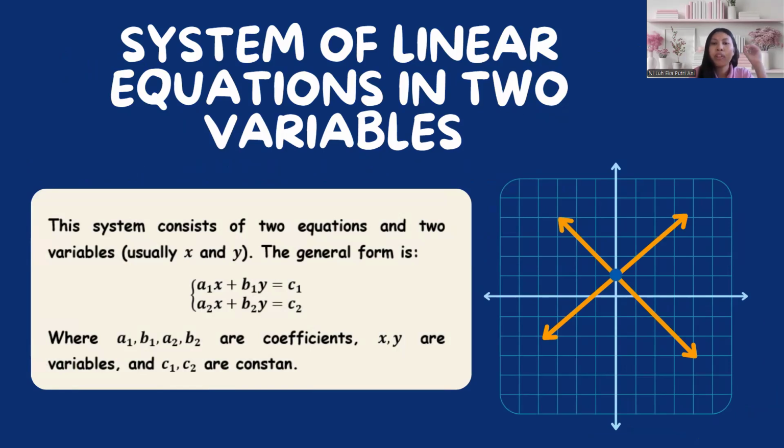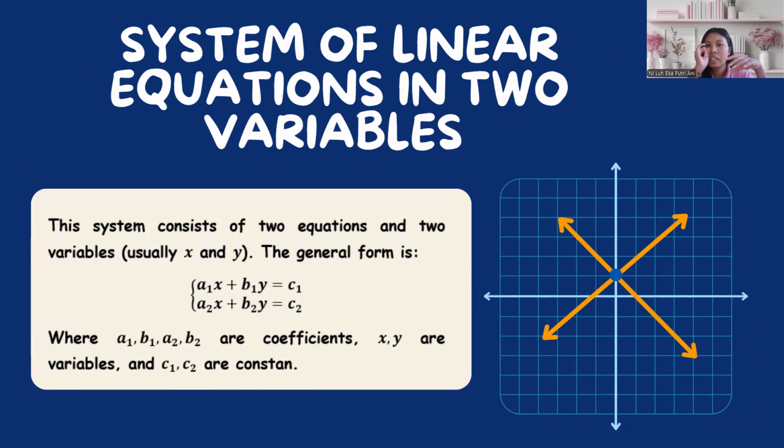In this topic, we will focus on systems of linear equations in two variables, or the two-variable system. This system consists of two equations and two variables, usually x and y.